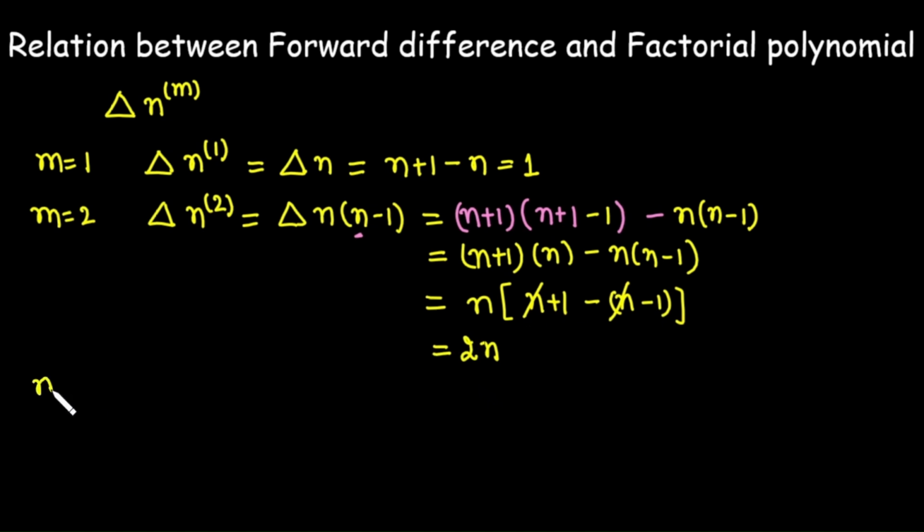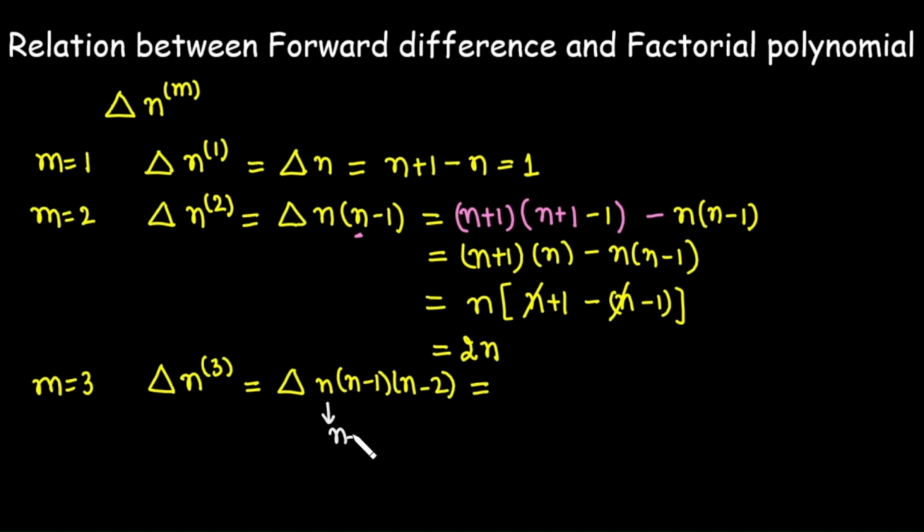And if we take m is equal to 3, in this case delta over n raised to power 3 factorial polynomial, this is written as delta of n into n minus 1, n minus 2. Now apply delta over this polynomial. It means first we need to take the next step, then subtract from the current position. Next step means n is changed to the n plus 1. Even in this case.